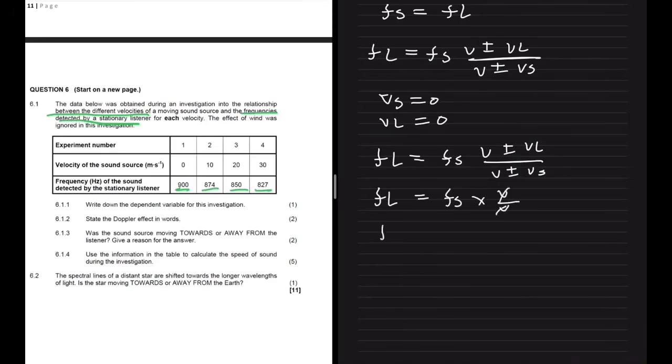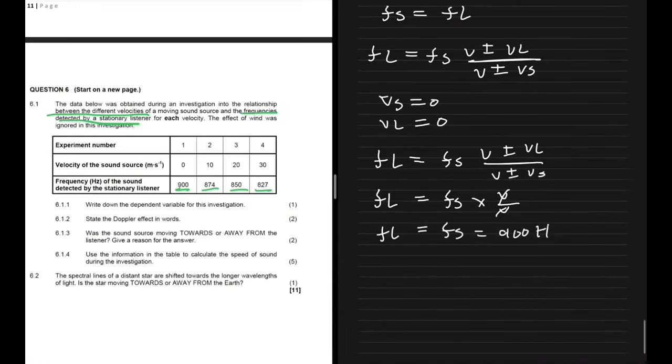These just cancel out, so fL equals fs. So the frequency emitted by the sound source is basically 900 Hz if you look at experiment 1 and pay attention to details.